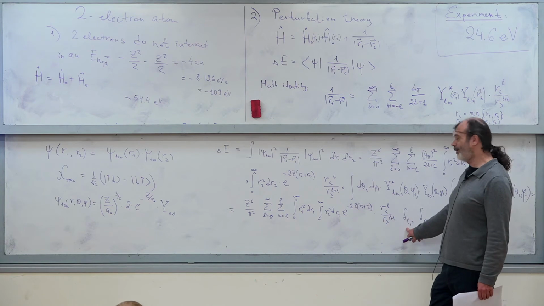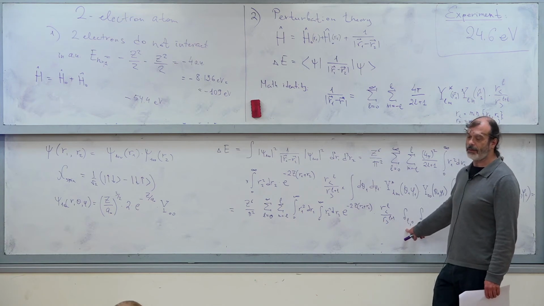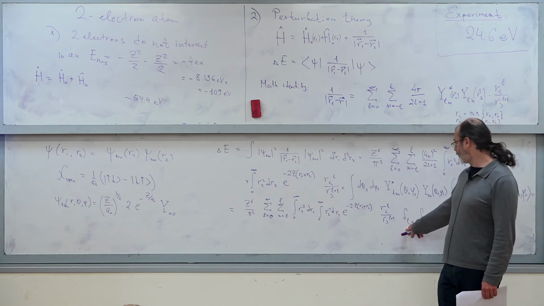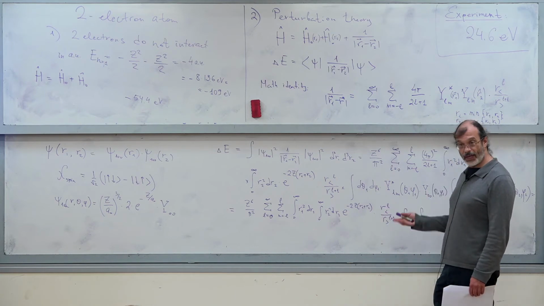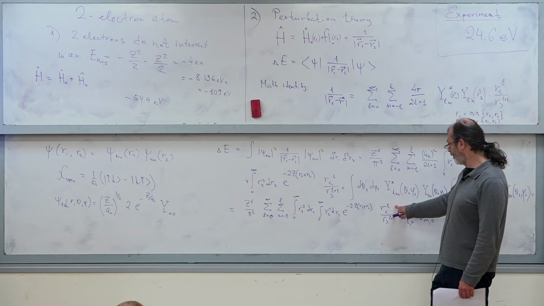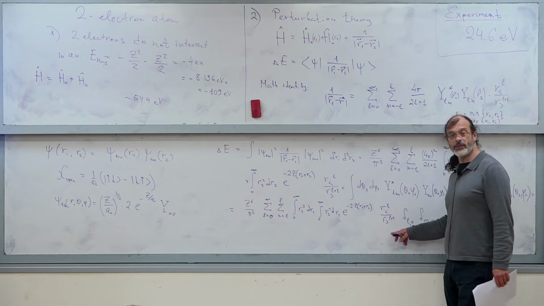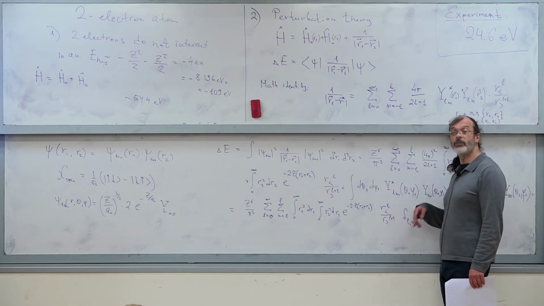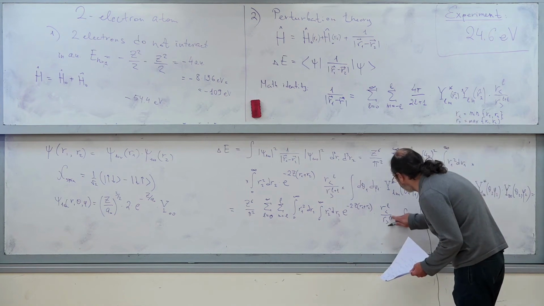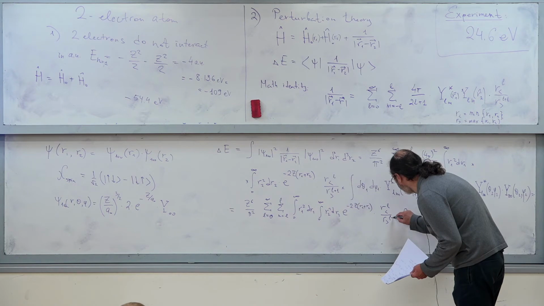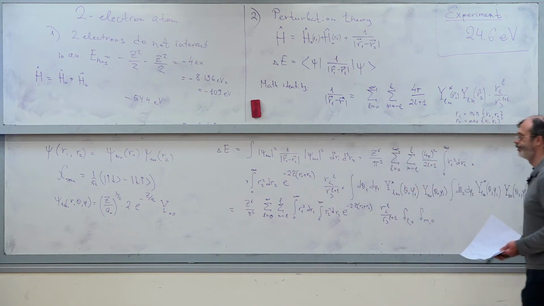The only L that gives a contribution to this integral is equal to 0, so R small to the power of 0 gives us 1 and drops away. The only thing left is R large to the power of 1, because this is L plus 1, right? It should be clearly seen here.